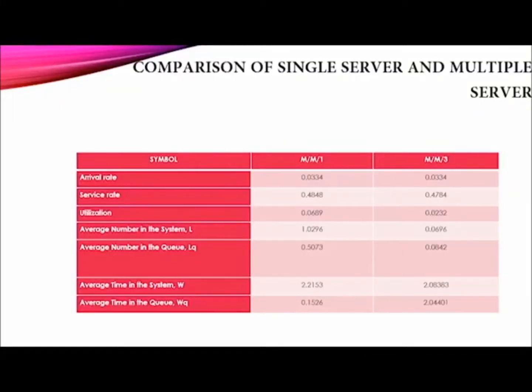The M/M/1 has an arrival rate of 0.0334, while the M/M/3 arrival rate is the same, 0.0334.